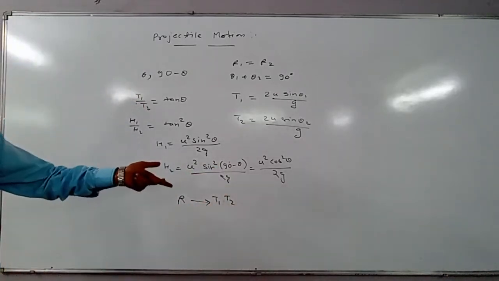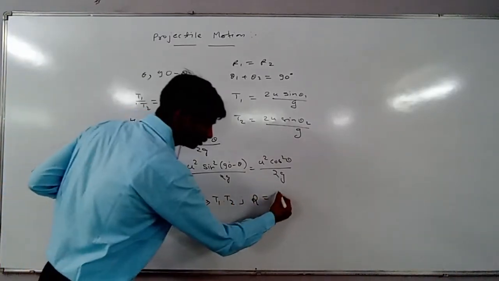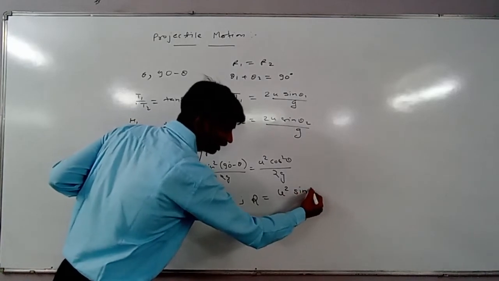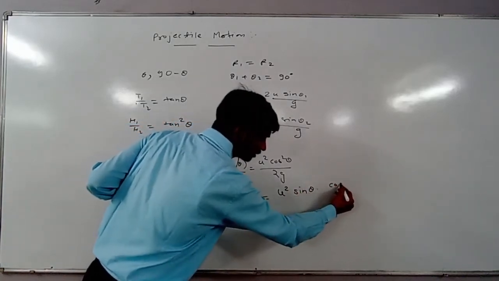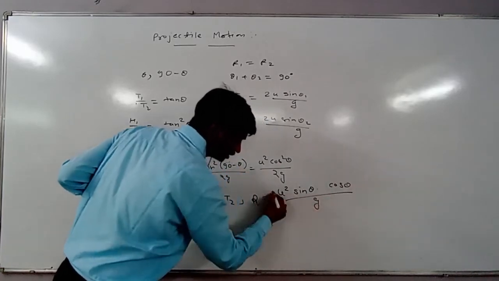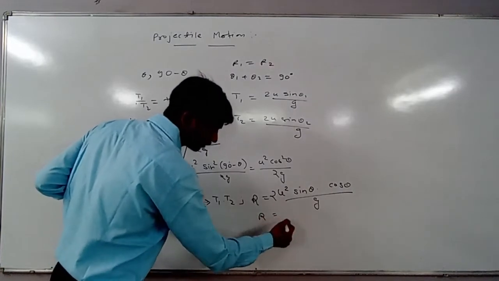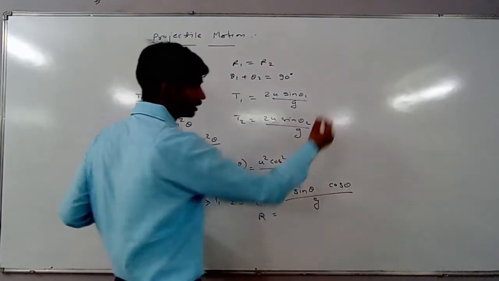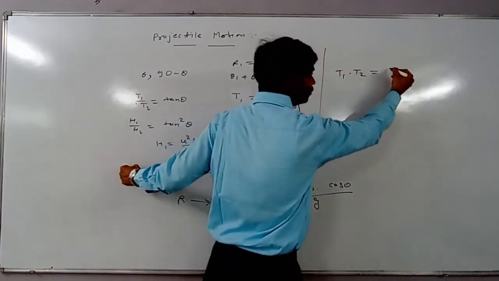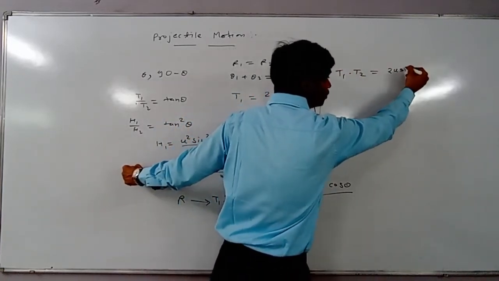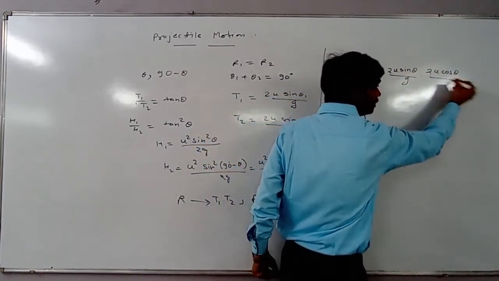Try to find by yourself. Okay, let me find. R is equal to u square sin theta into sin theta into cos theta divided by g, 2 times. So if we multiply t1 and t2, t1 into t2 is equal to 2u sin theta by g into 2u cos theta by g.